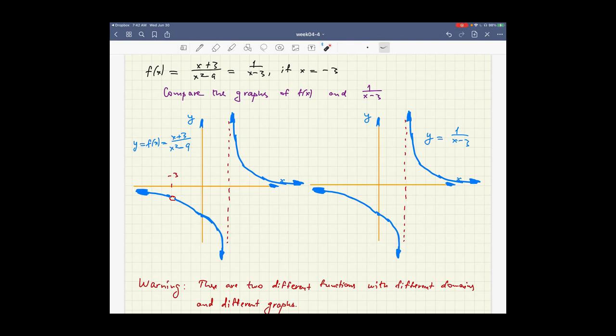Number 3 is a root of the denominator, but not a root of the numerator.